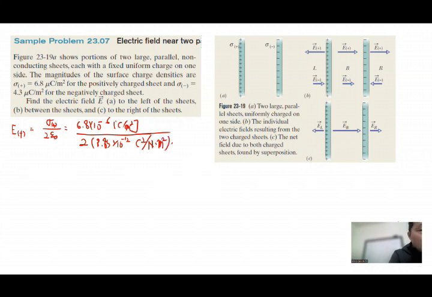That is 3.84 times 10 to the 5 Newton per coulomb from the positively charged plate.